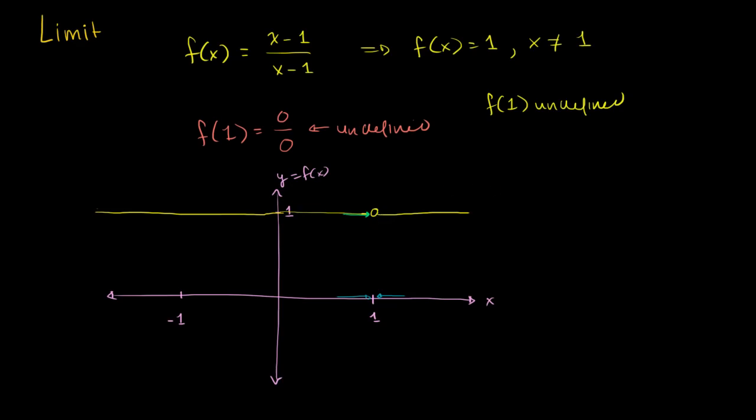So you could say, and we'll get more and more familiar with this idea as we do more examples, that the limit, lim being short for limit, as x approaches 1 of f of x, is equal to, as we get closer, we can get infinitely close to 1, as long as we're not at 1, and our function is going to be equal to 1.